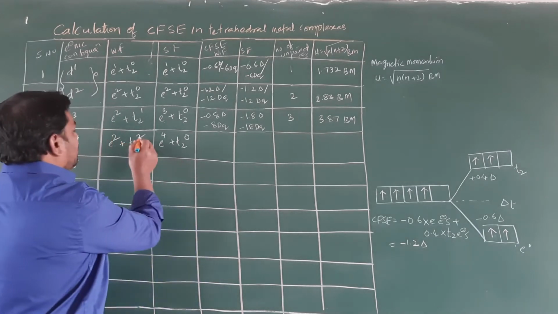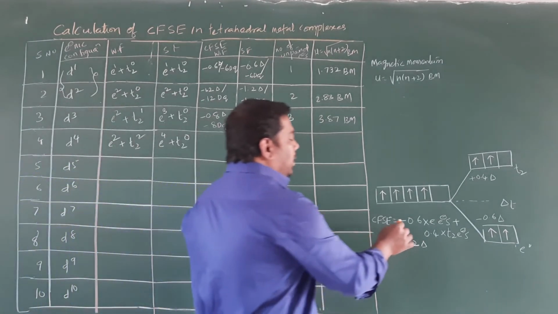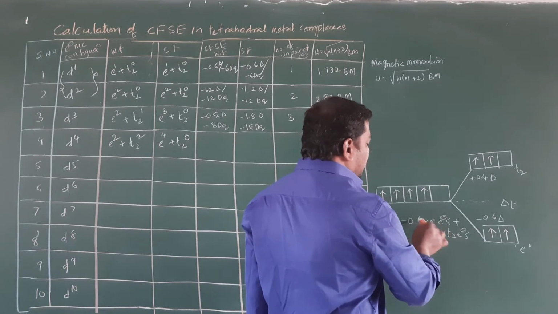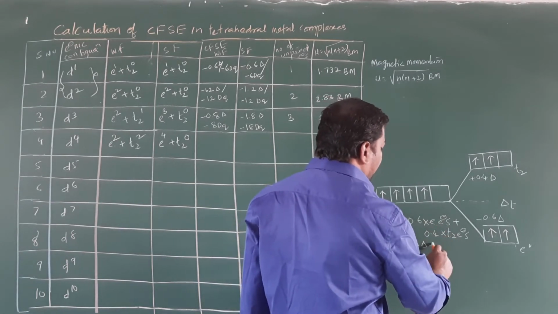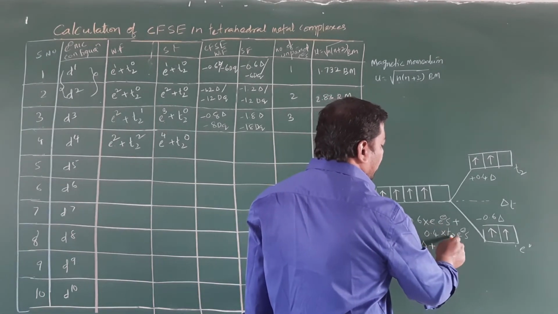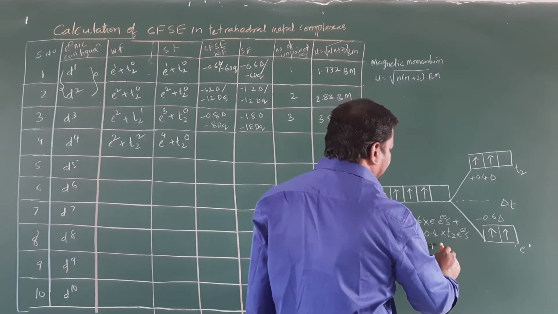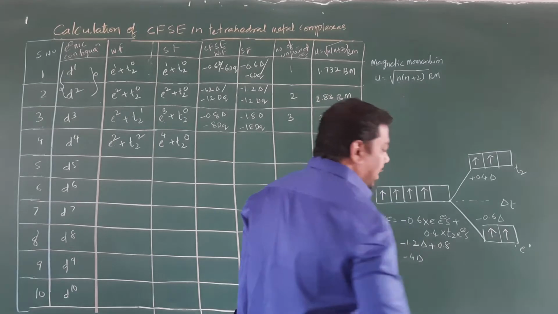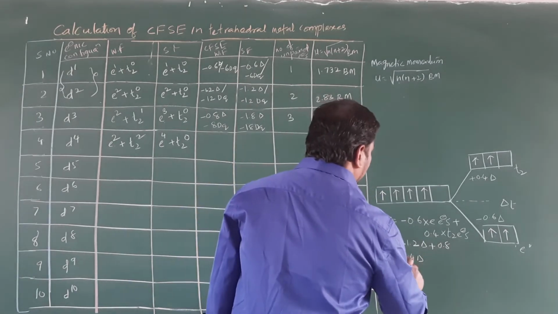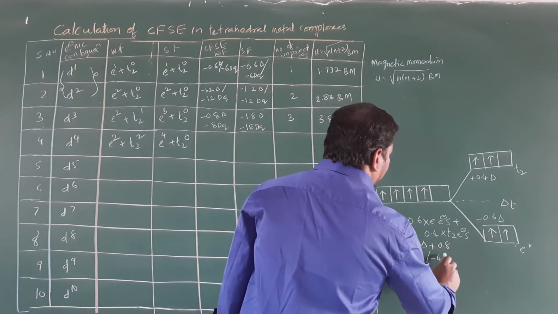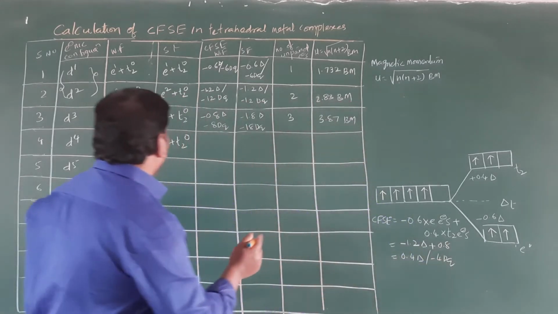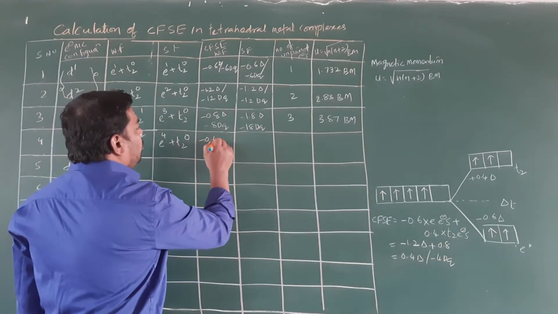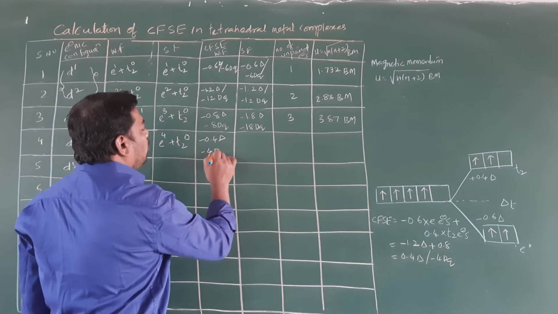Right. So E2 plus T2 2 means, student, minus 0.6 into 2, which is minus 1.2, plus 0.4 into 2, that is equal to 0.8. So the value is minus 0.4 delta or minus 4 dq.